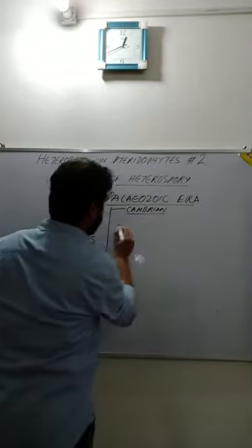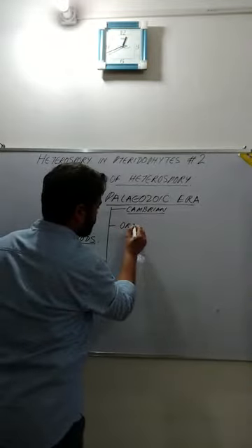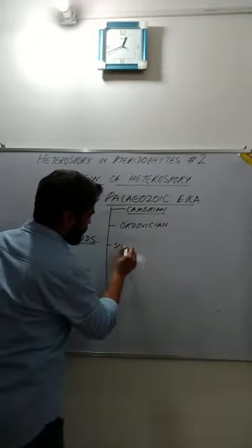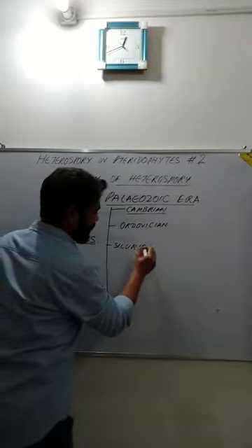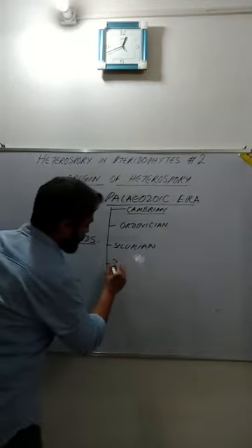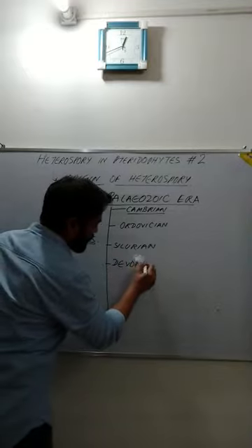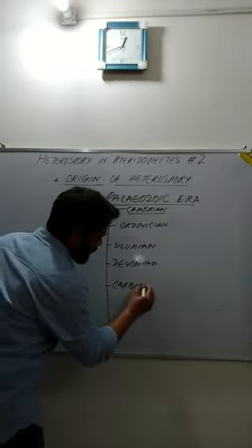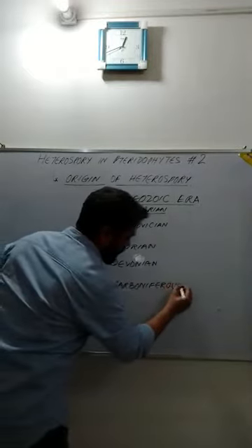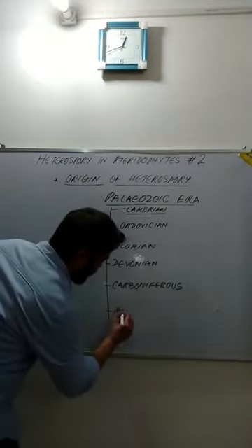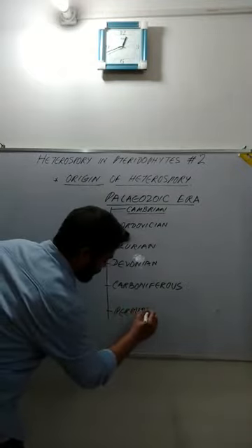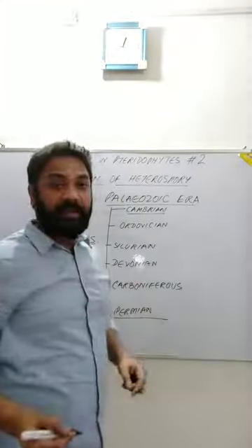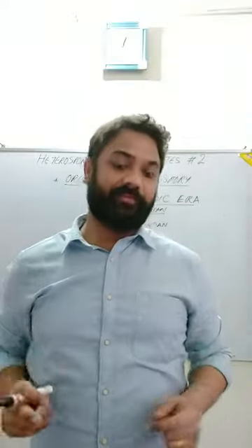So we have the Cambrian, then the Ordovician, then the Silurian period, then the Devonian, then the Carboniferous, and the Permian.